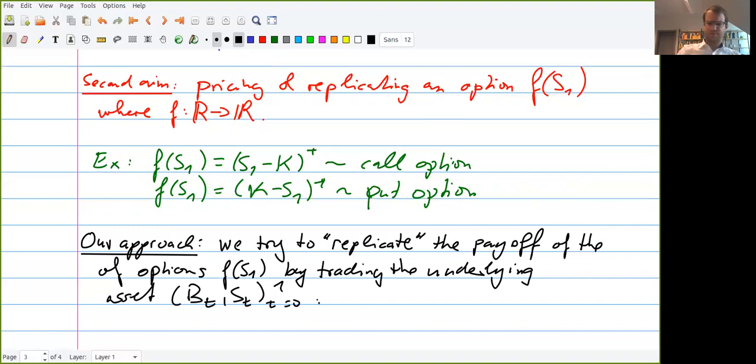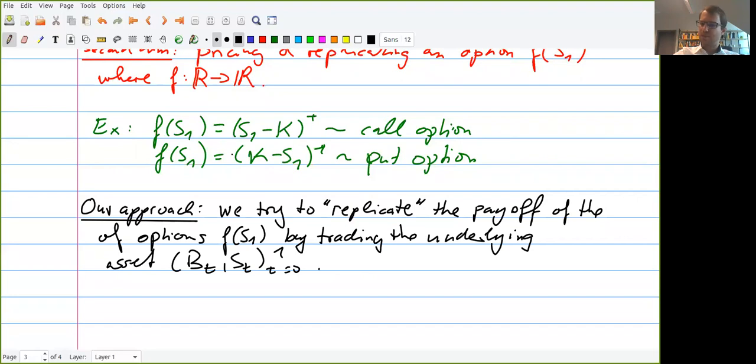Okay, so this is the main idea of what we are going to do, and now we make this mathematically precise.